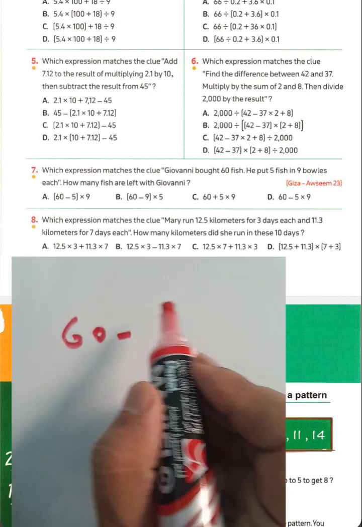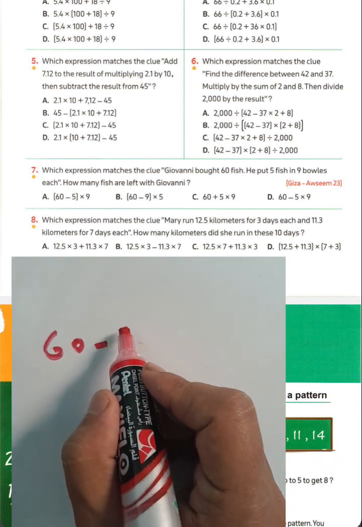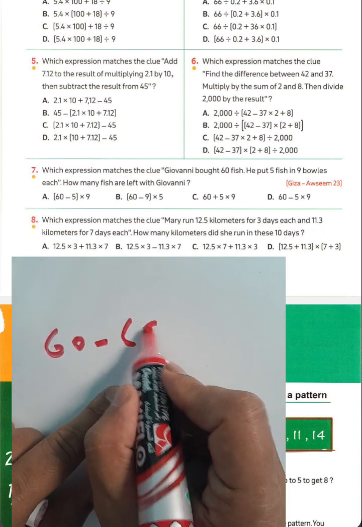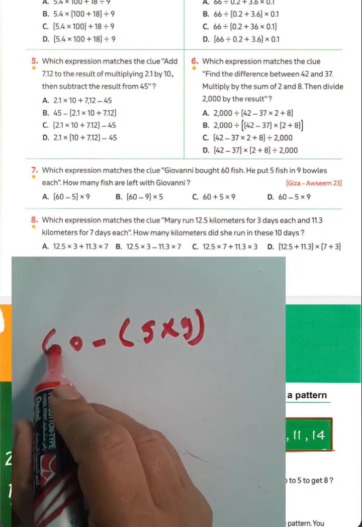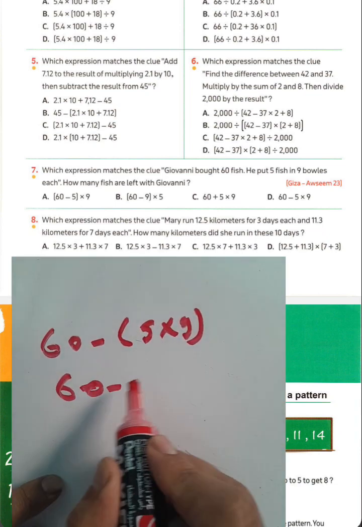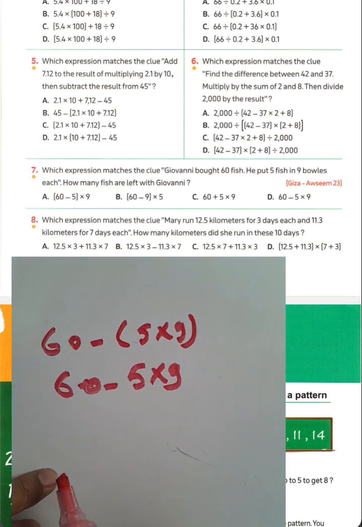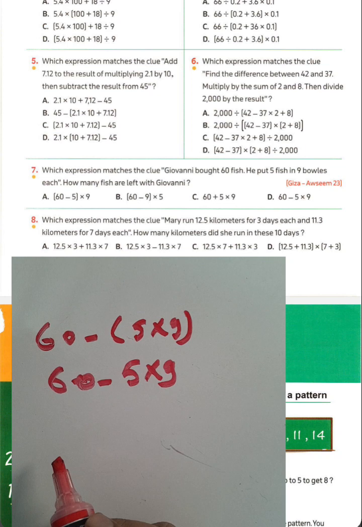So the remainder with him will be 60 subtract the multiplication 5 and 9. This is the remainder. Okay, 60 subtract 5 times 9. Choose letter D.